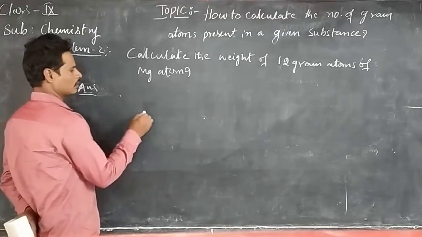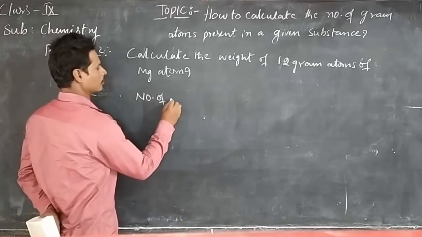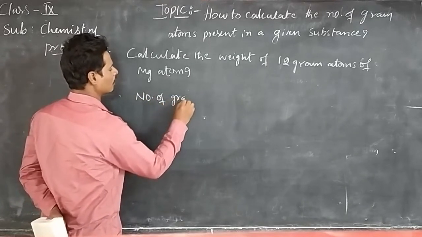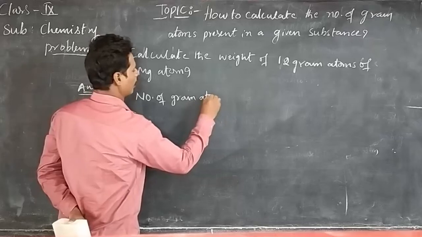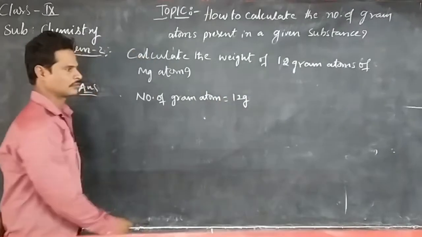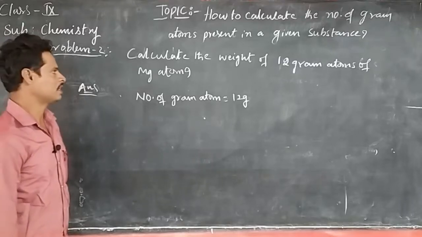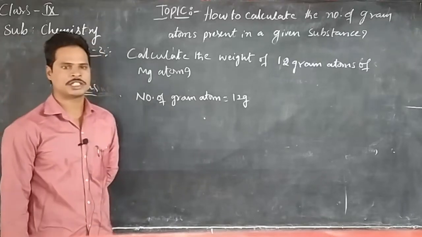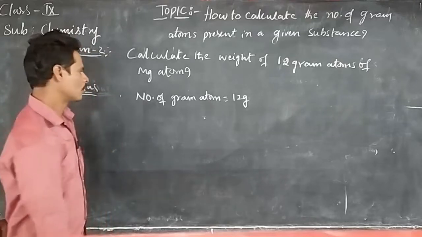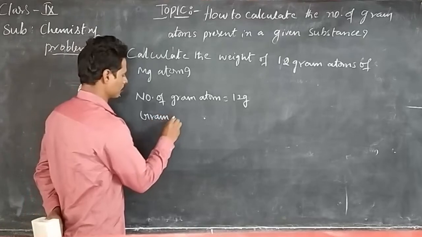Now, given is the number of gram atoms equals 12. Next, gram atomic weight of magnesium. We know that atomic weight of magnesium is how much? 24.